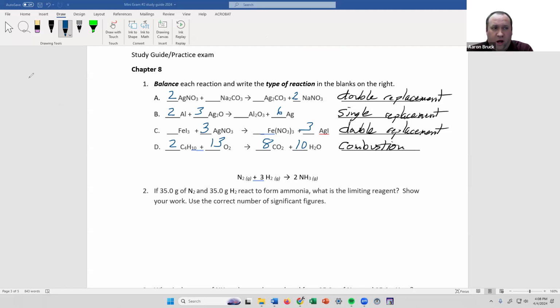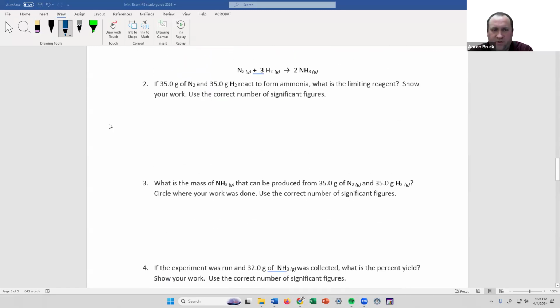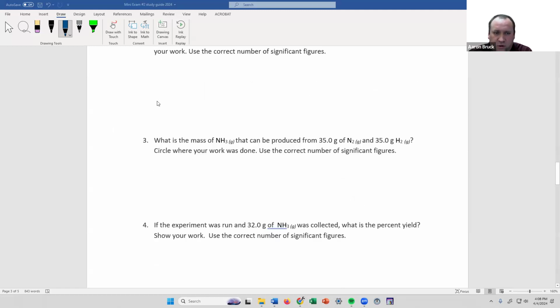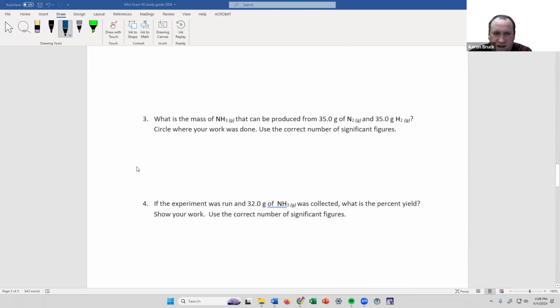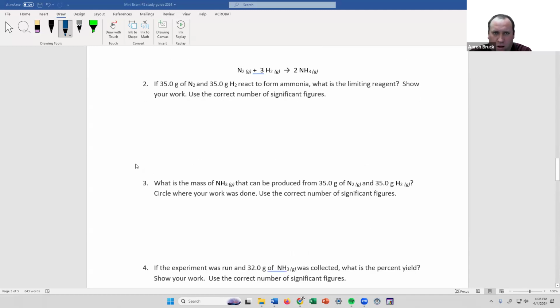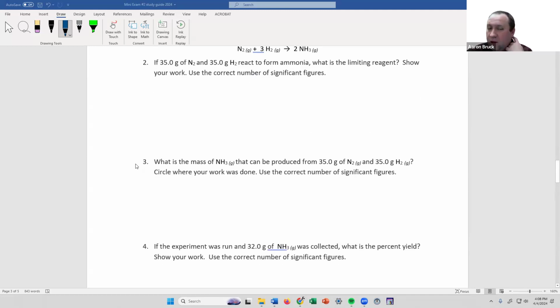Now, the other big concept out of chapter 8 was the stoichiometry stuff. So questions 2, 3, and 4 on this study guide are all about stoichiometry, limiting reactants, and percent yields.